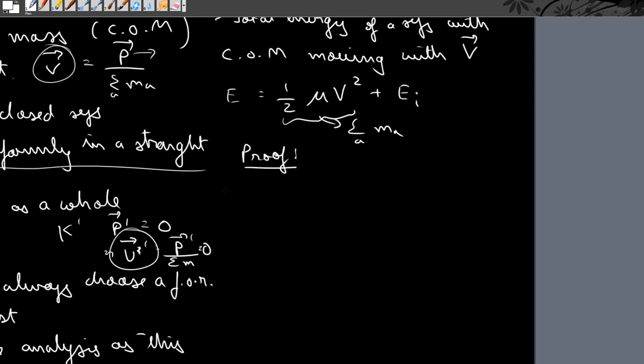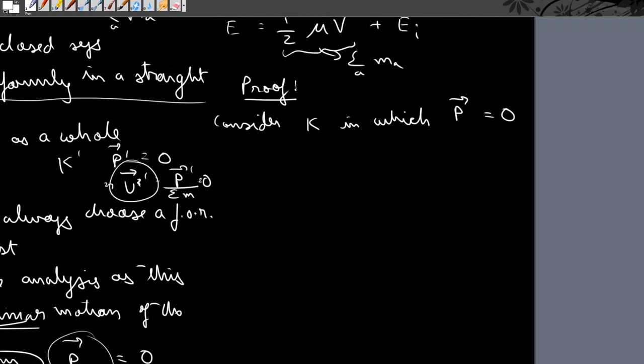To prove this, consider a frame of reference K in which the total momentum is 0, which means the center of mass is at rest with respect to frame of reference K, and K dash, which is another frame of reference moving with velocity v with respect to K. And so in this case the center of mass is moving with some velocity.